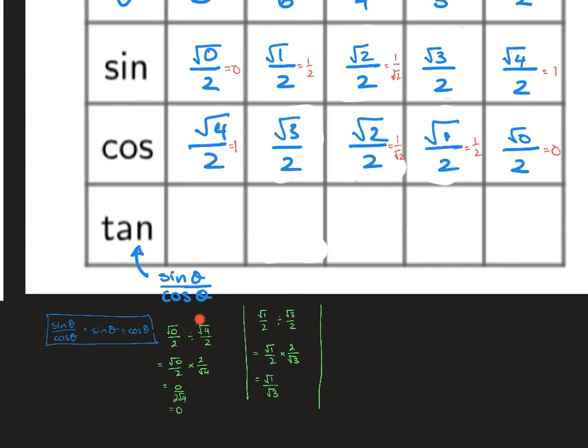When you divide by a fraction, you change the divide to a times and you flip this end one. Then you'll get your 2's to cancel, and you'll end up with 0 over 2 root 4, which is just 0, so a 0 goes in there.